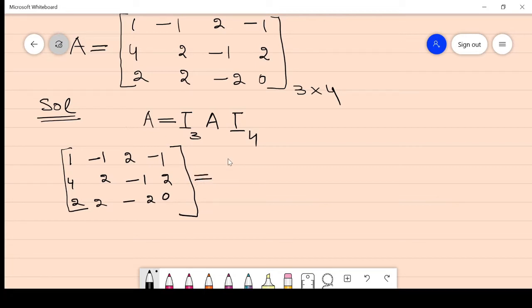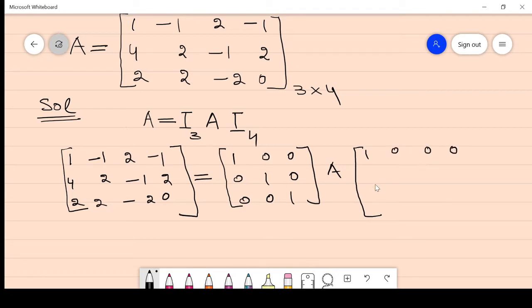This is equal to I3. So what is I3? 1 0 0, 0 1 0, 0 0 1 is this, and next is I4: 1 0 0 0, 0 1 0 0, 0 0 1 0, 0 0 0 1.